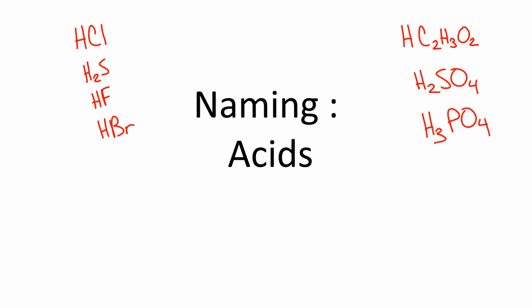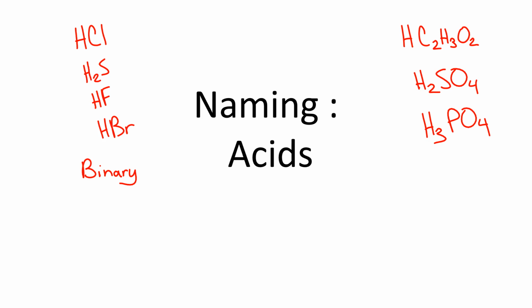All right. So what do you notice? What's the common factor for the ones on the left? Two elements. So these are all binary. What's a common factor that we see in every one of those compounds on the right side?